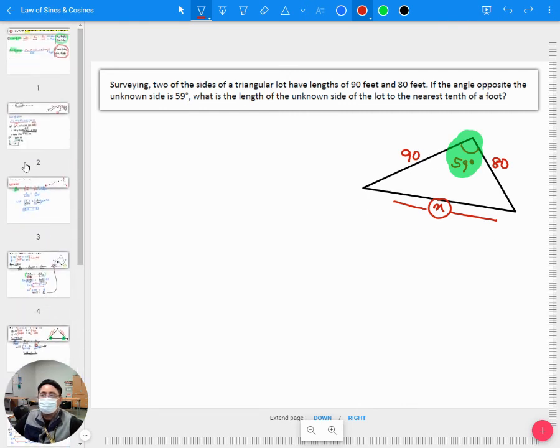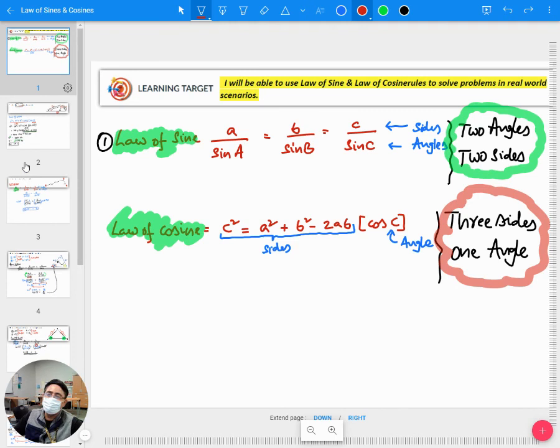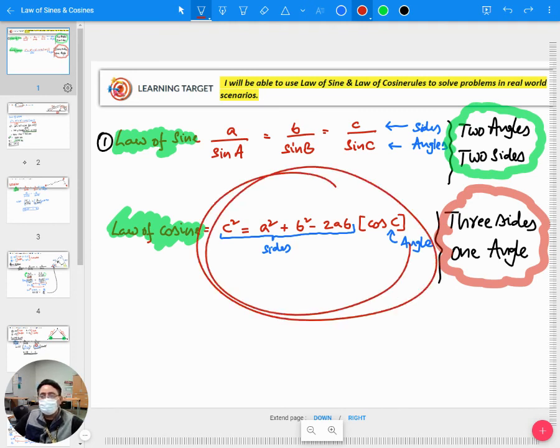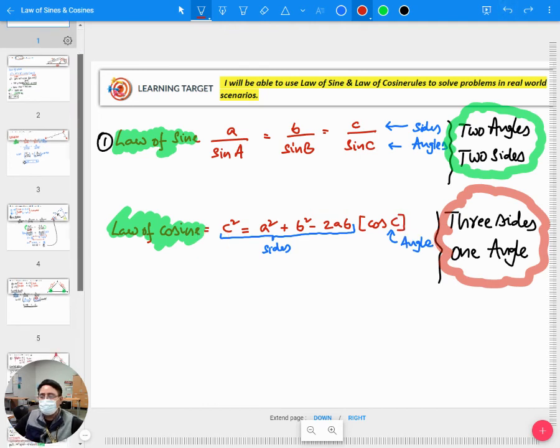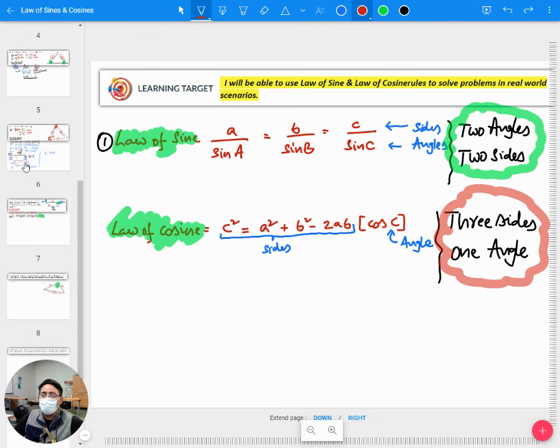So three sides and one angle means, let's go back to page 1, then you have to go with the law of cosine. This is how you have to analyze the given problem.